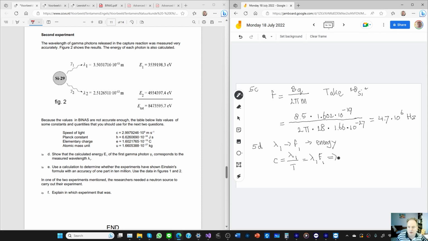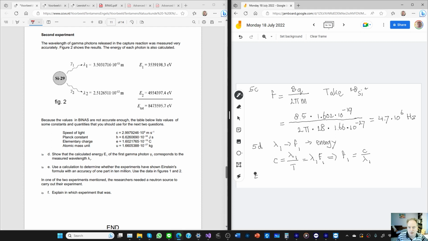So we can find the frequency equals then the speed of light divided by lambda 1. Now I can calculate this first, but I want to prevent as many calculations as possible, to skip that to the end.